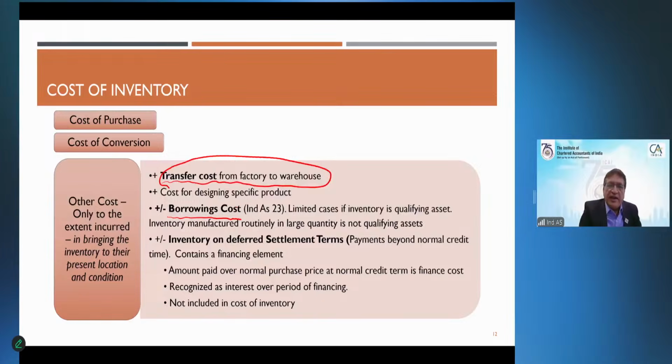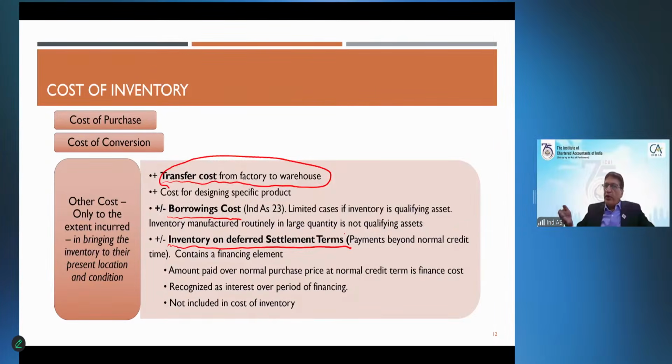One of the other items, which is very peculiar to Ind AS and was not there in AS, is the deferred settlement terms. Any inventory purchased on deferred settlement terms has a higher cost because you would be paying over a deferred period, so there is an interest cost involved.